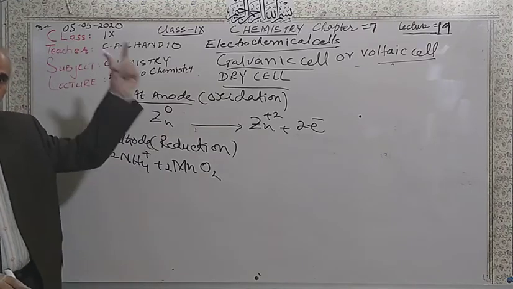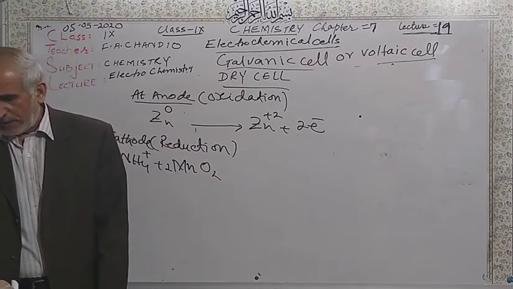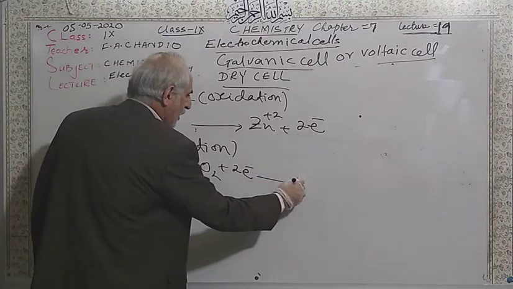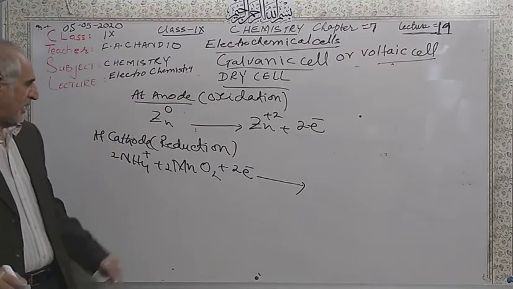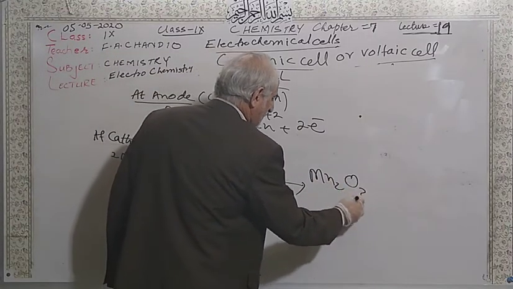There is manganese dioxide. We put the paste on the carbon cathode of the cell, and by gaining 2 electrons, this manganese dioxide changes into manganese trioxide.